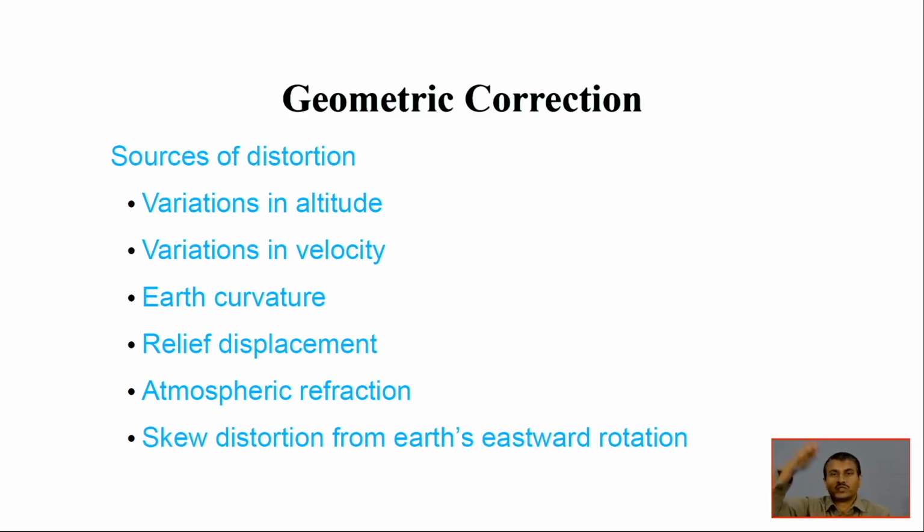Variation in altitude. Variation in altitude means the satellite is not at a constant height from the surface.